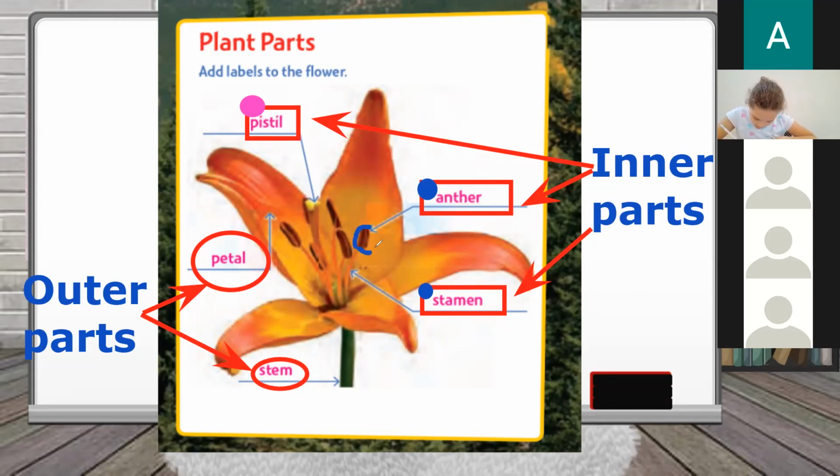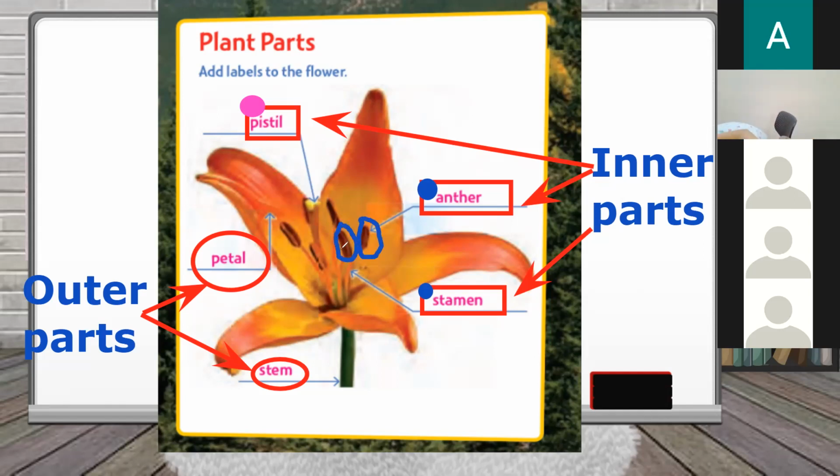This is the anther. The anther is always full of pollen. Do you know the yellow powder you see in the flower? The yellow powder in the flower is on the anther. I'm gonna circle it. Can you see this part? This part is the anther.